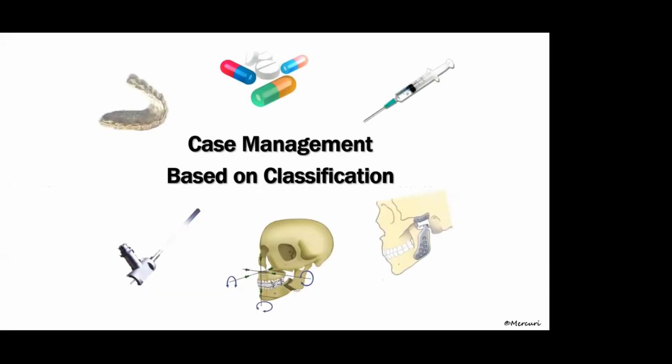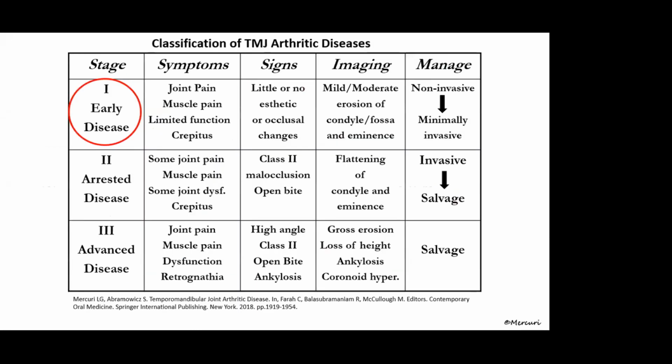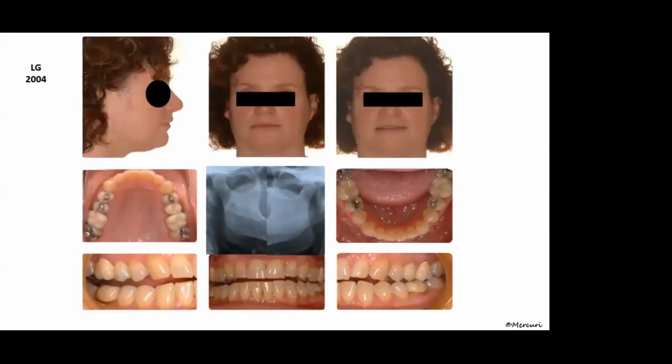So let's look at some cases and, using the classification system, how do we manage these patients? Let's look at early disease. These are the patients that have little occlusal changes, some occlusal changes, and we can use non-invasive methods. This is a lady who presented to us back in 2004, and her chief complaint was that she had developed an open bite on the right side.